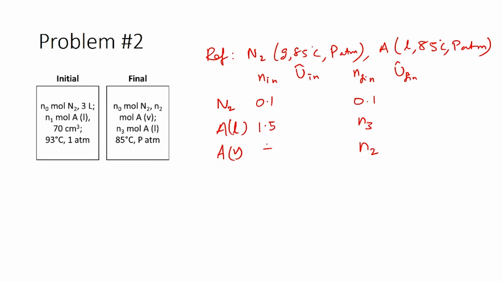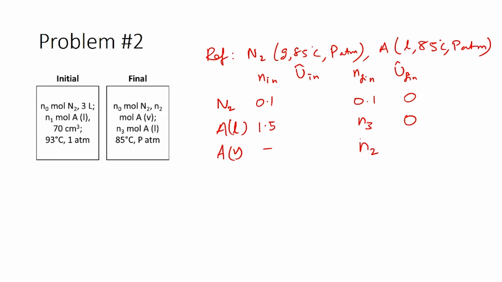Now that we have this, we have to identify which specific internal energies have to be calculated. For the final condition, which is gas at 85 degrees Celsius and pressure P atmospheres, the nitrogen would have 0 internal energy compared to the reference state. Similarly, A as liquid at 85 degrees Celsius and P atmospheres would also have 0 specific internal energy change from the reference state.